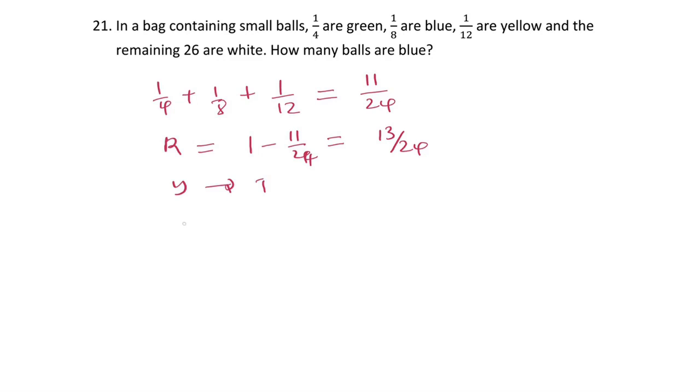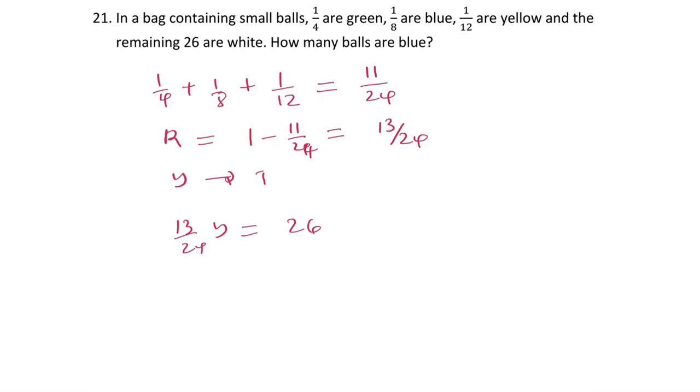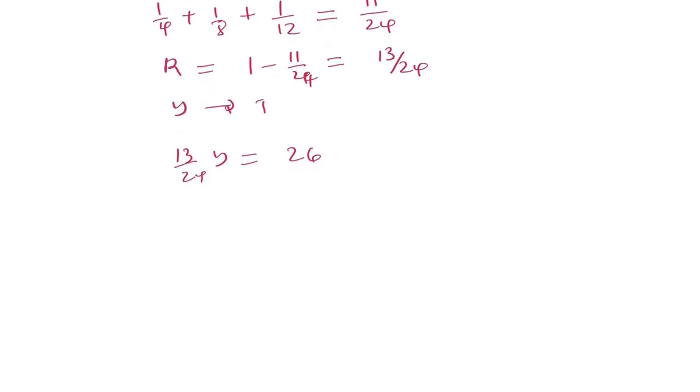Okay, so next, we are going to assume Y is the total number of balls. Then our equation is going to be 13/24 Y equals 26 as given from our question. Okay, so next, let us multiply by 24/13 both sides in order to make Y the subject. Then we are having Y equals 26 times 24 over 13.